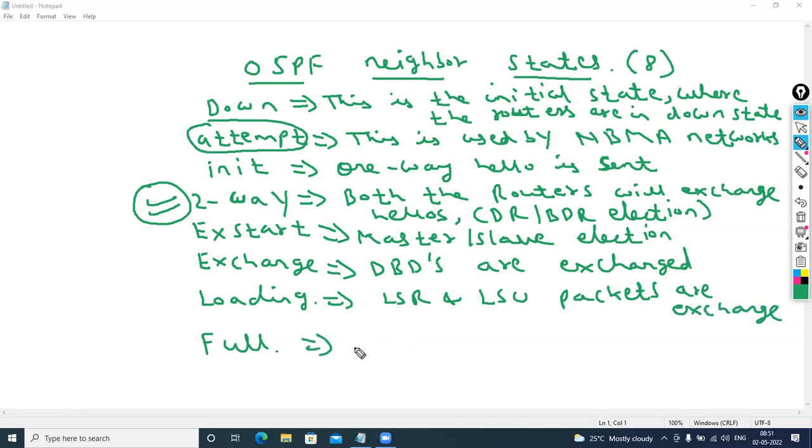Then we have full adjacency between two routers.